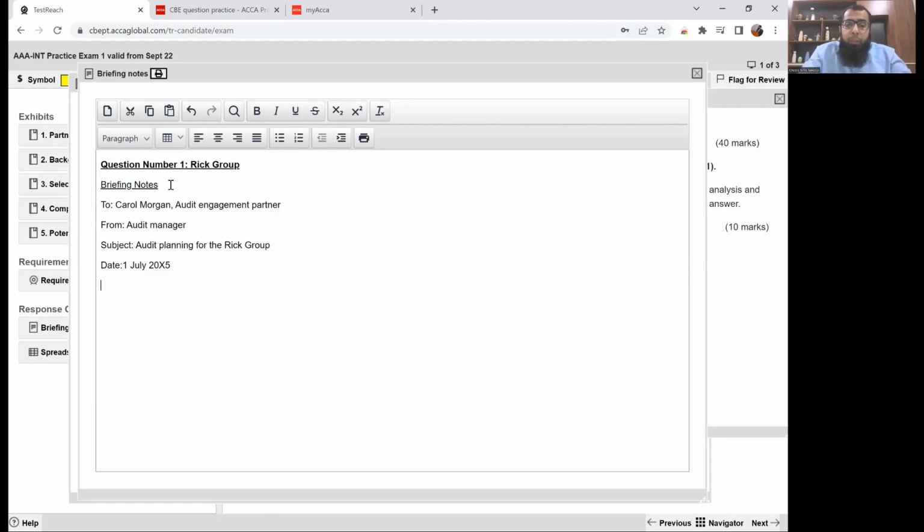Now we will write the introduction. It's a uniform introduction which you always use. So see how I develop it. In relation to audit planning for RIG group, just change the name of the company. Other wording will remain the same always.